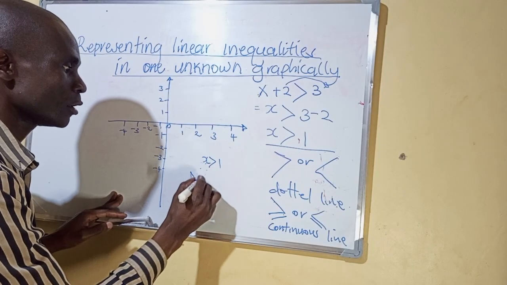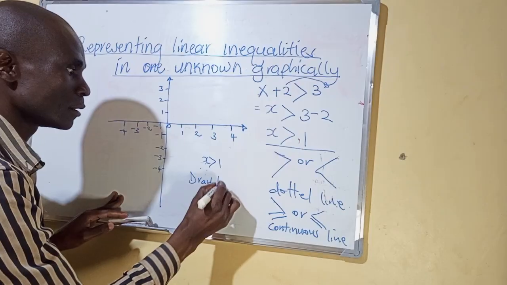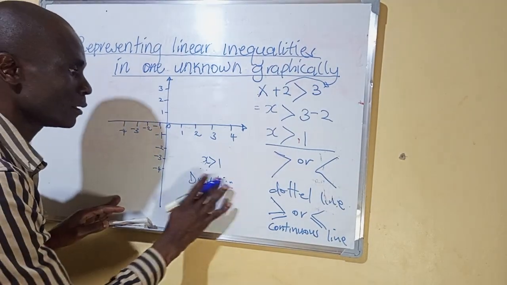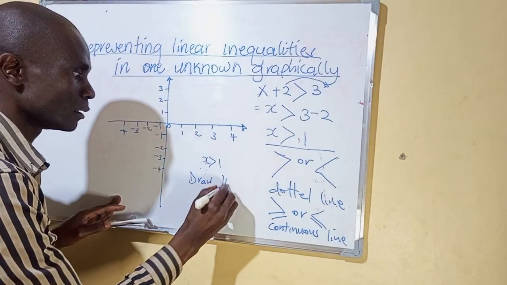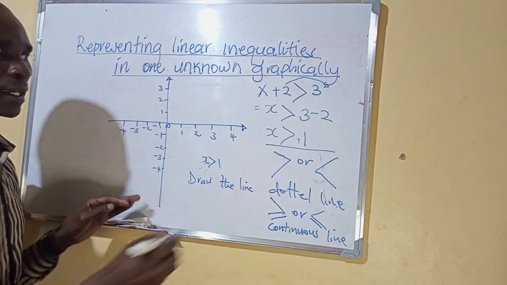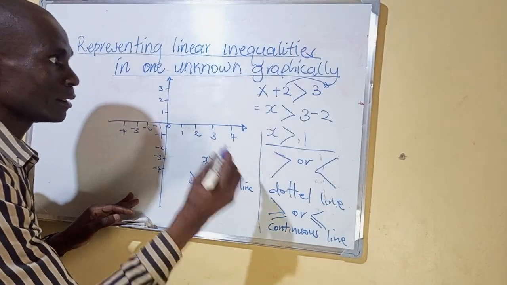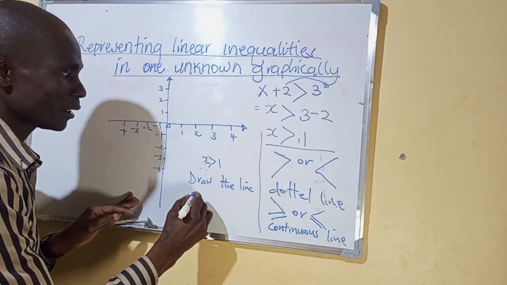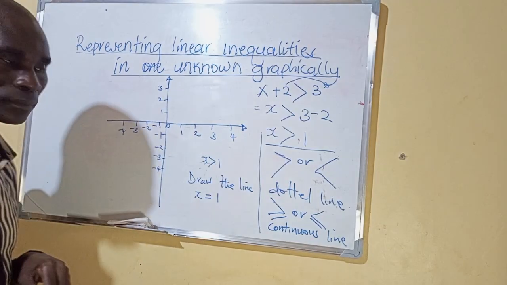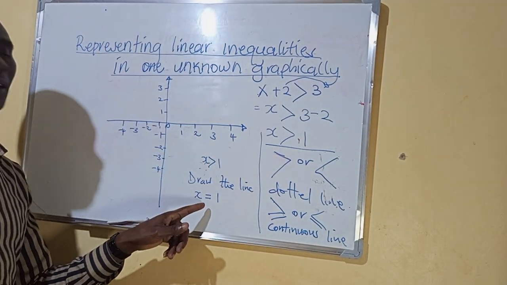So you draw the line, which line? You draw the line x equals to 1. So this is the line that we have to draw.